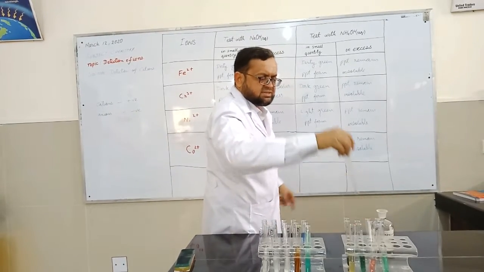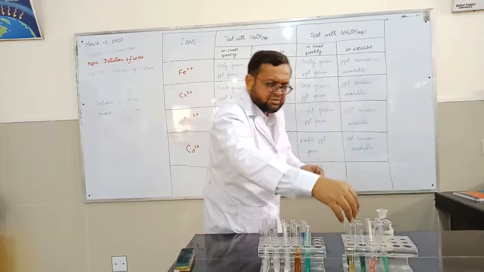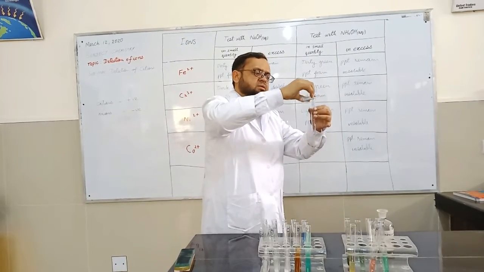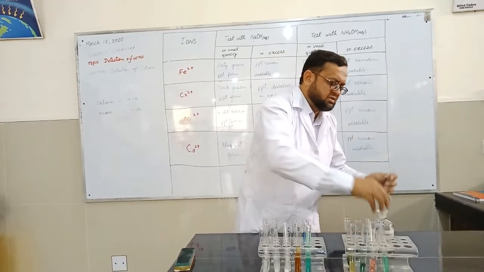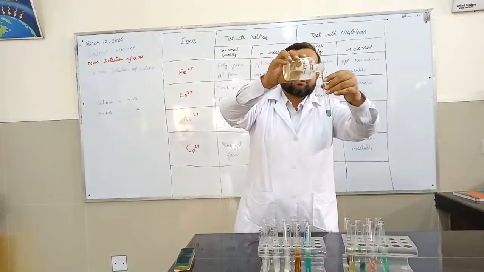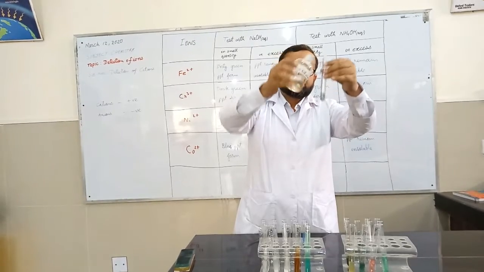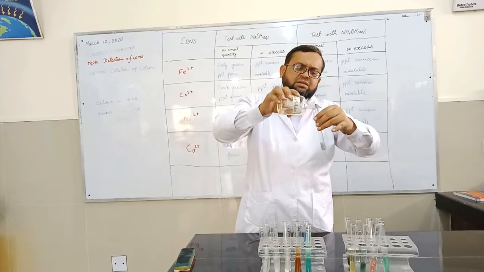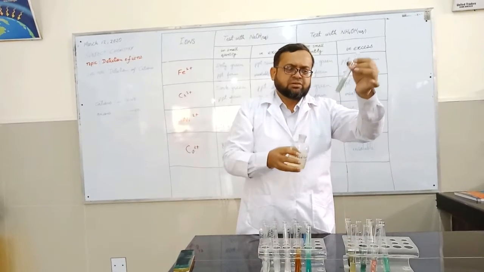Now we will repeat the same test with ammonium hydroxide. First we add a small quantity of ammonium hydroxide and you should observe the result. Again the green precipitate forms, and in excess the green precipitate remains insoluble.